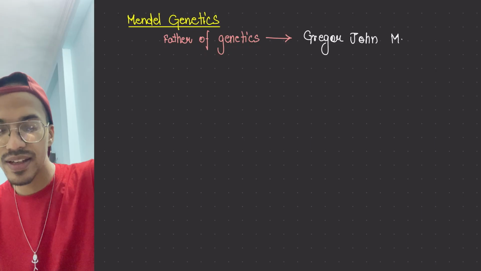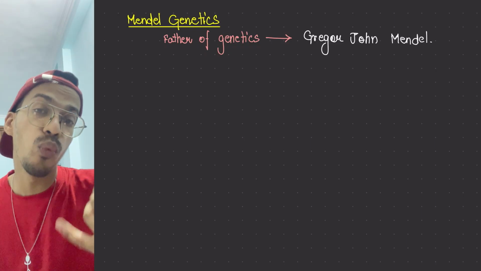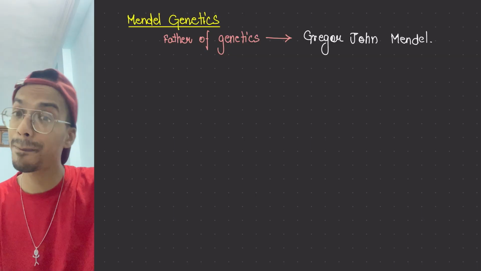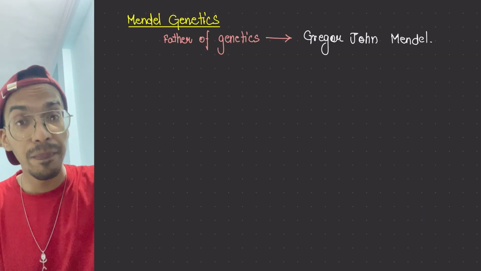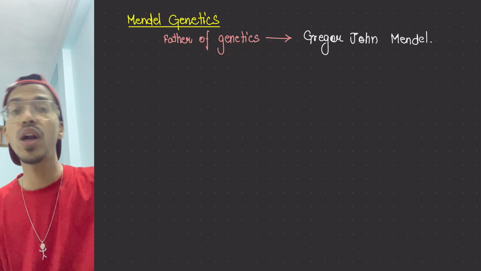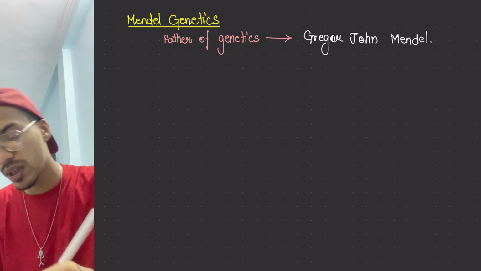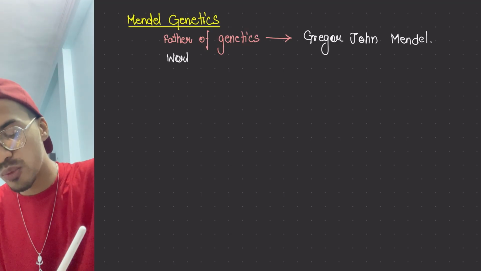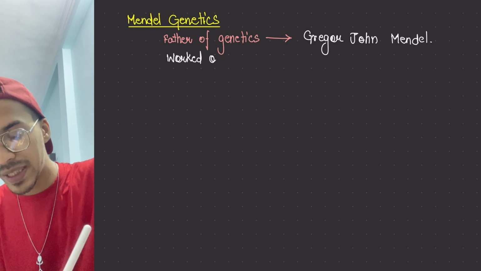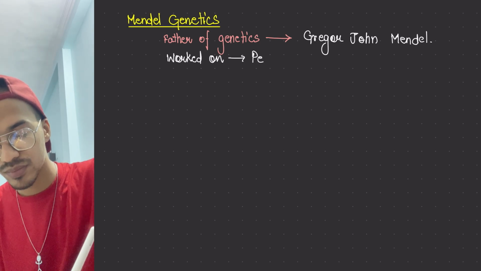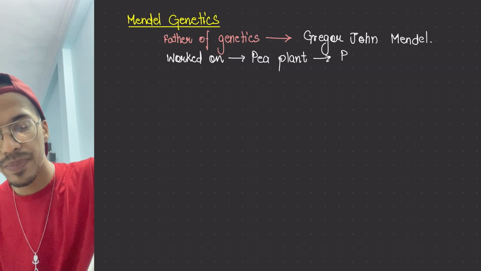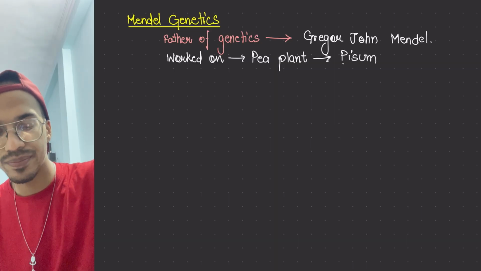Next, on which organism did he do his experiments? He did it on a plant, the pea plant, whose scientific name we have to remember: Pisum sativum.